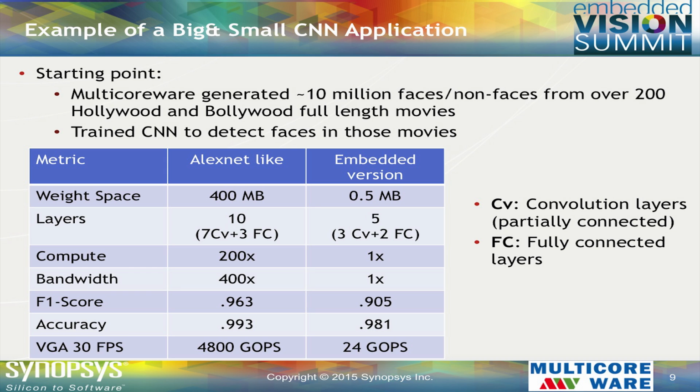So it's still quite usable in many different application scenarios, while this time being much more realistic to implement on a system that's going to be battery operated, small area, low power.